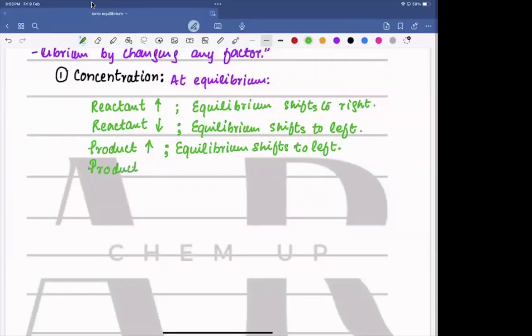If we remove some of the product from the equilibrium mixture, the amount of product would be lesser. So the equilibrium shifts towards the right to compensate for the decrease in the product, and as a result more product will form until the equilibrium is established again.